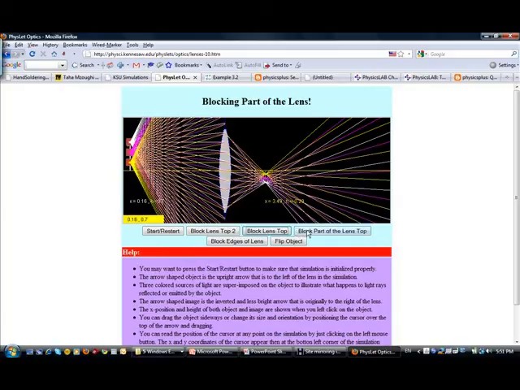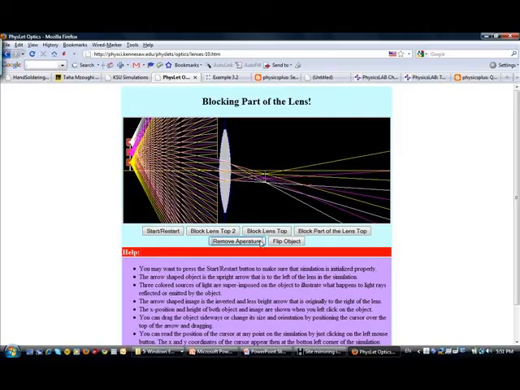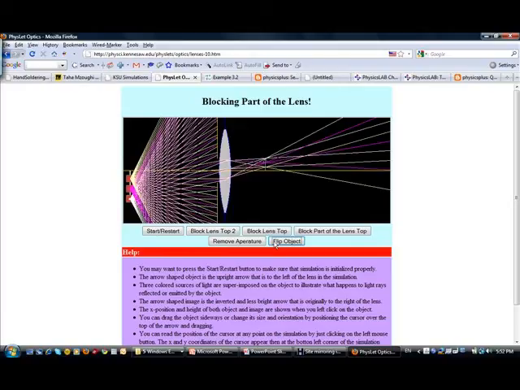Okay, block a part of the lens, like through the middle, like here. It also didn't make a difference. Can block the edges of the lens. Okay. Flip the object.